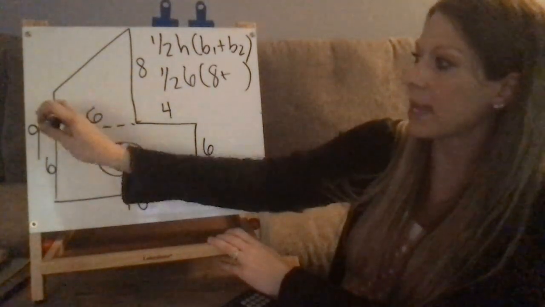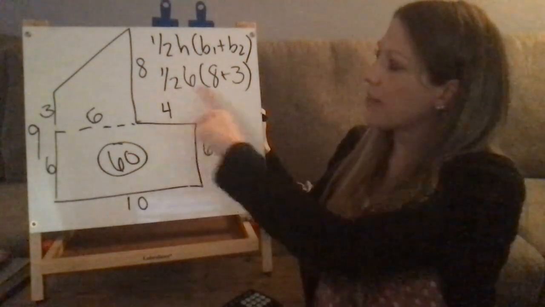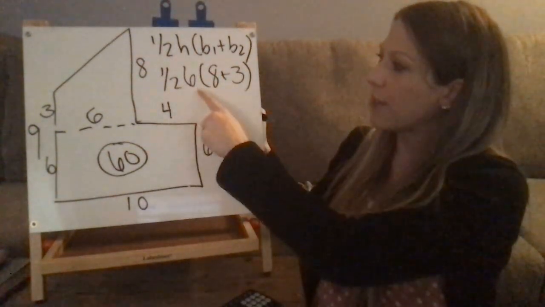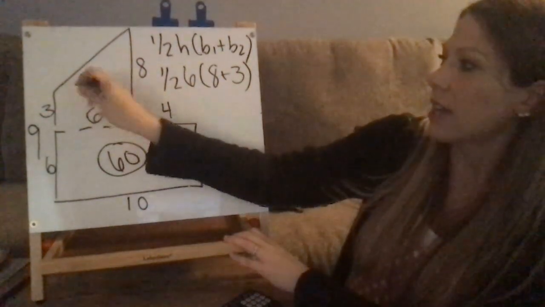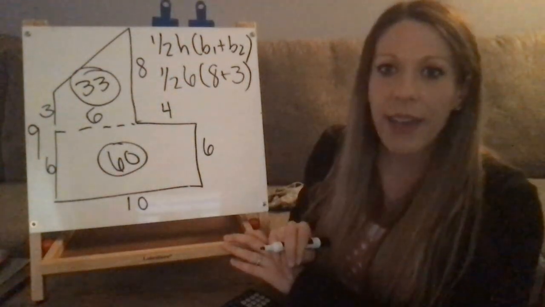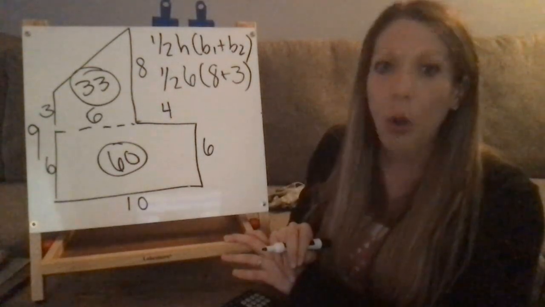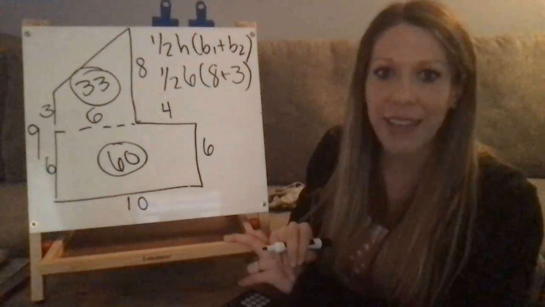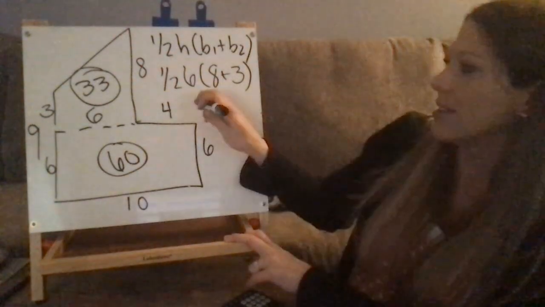So that missing piece must be 3. So when I find the area of that trapezoid, I have 1/2 of 6 times 11, or 33. The area of the trapezoid is 33, the area of the rectangle is 60, so that means the total area, once we add those two together, is 93, and our units are feet squared.